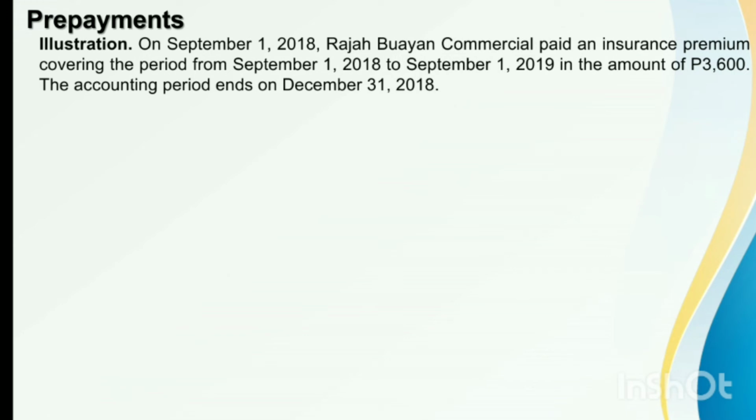So to illustrate, on September 1, 2018, Raja Buayan Commercial paid an insurance premium covering the period September 1, 2018 to September 1, 2019, so that is for 1 year, in the amount of 3,600 pesos. The accounting period ends on December 31, 2018.